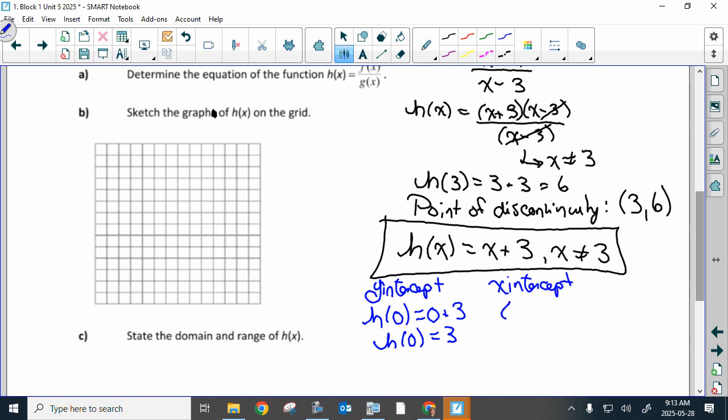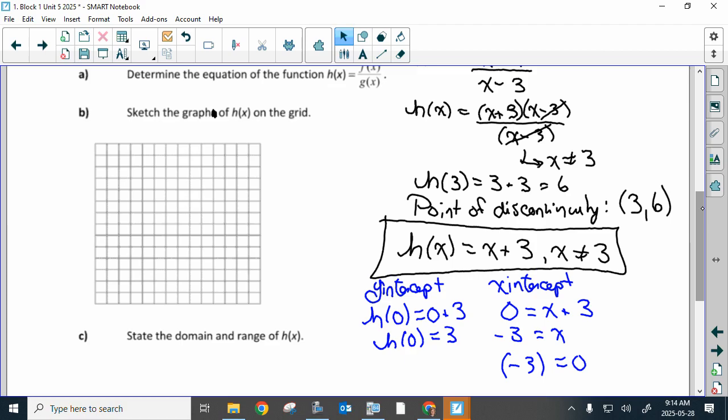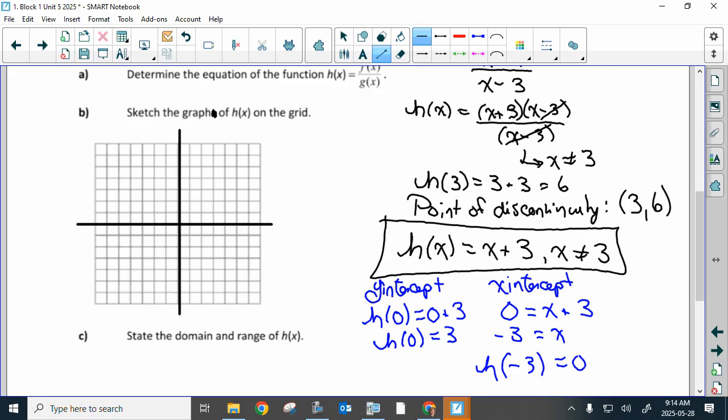And these are always critical features. Make sure your point of discontinuity is clearly indicated.